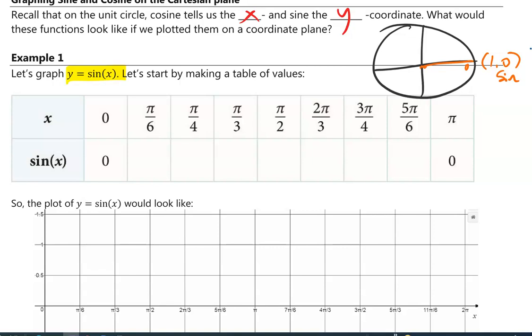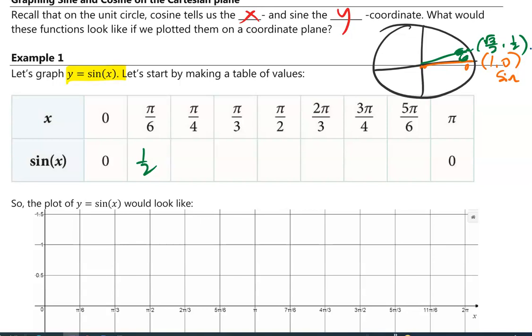It is equal to 0. Then next is pi over 6. So let's say this is pi over 6. And this is square root of 3 over 2 and 1/2. So that's why sine of pi over 6 is 1/2.